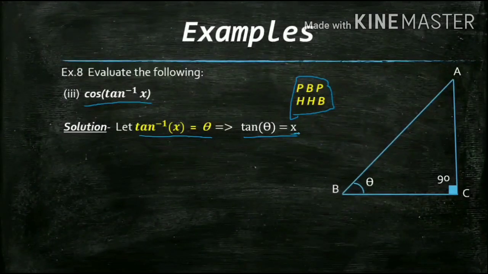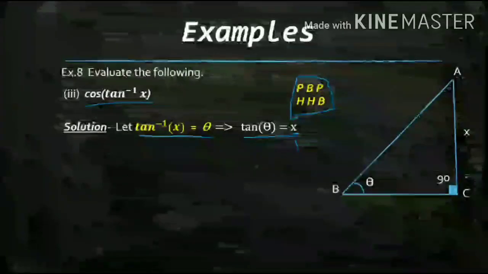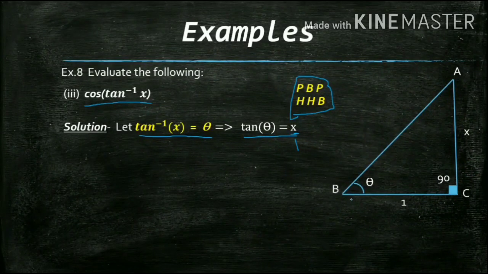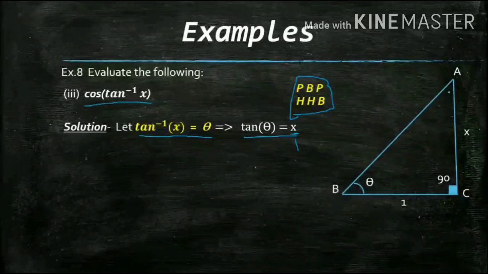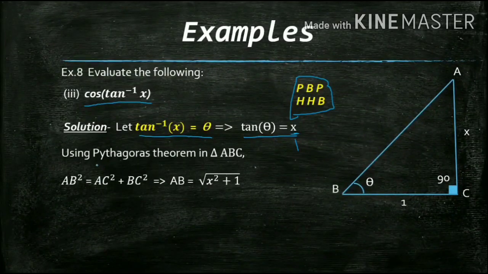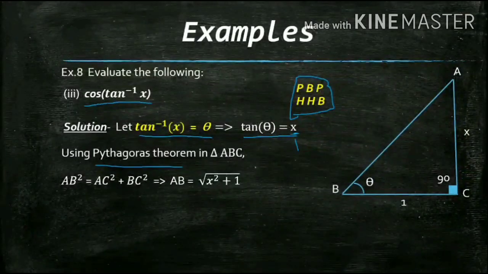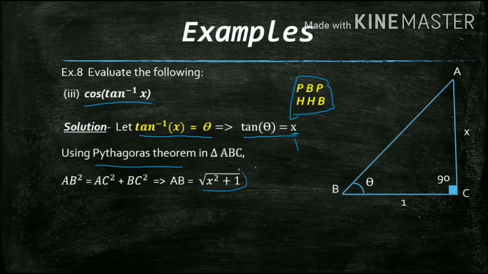And you can write x as x by 1. So perpendicular would be x, which is nothing but AC, and base would be 1, which is nothing but BC. So you get two sides. How to find the third one? Using the Pythagoras theorem, which is nothing but AB square is equal to AC square plus BC square. So AB would be square root of 1 plus x square. So this is this side.